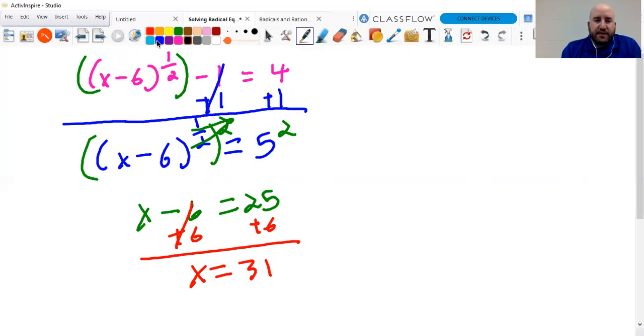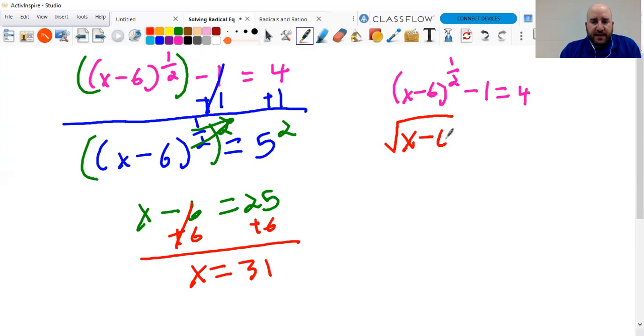Again, if you need to change this, I'll show it real quick. X minus 6 to the 1/2 power minus 1 equals 4. Go ahead and change it. You don't have to get rid of the 1 and get it by itself before you change it. Go ahead and change it first. So that's still going to be a square root of x minus 6. Minus 1 is still outside, equals 4. All the other steps are the same.